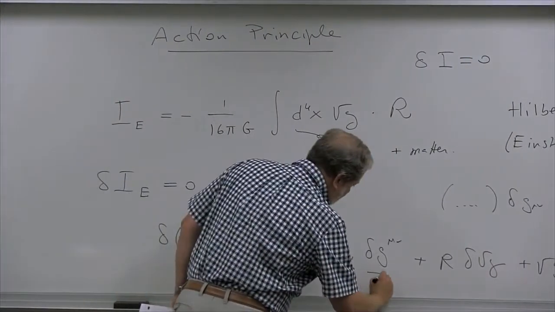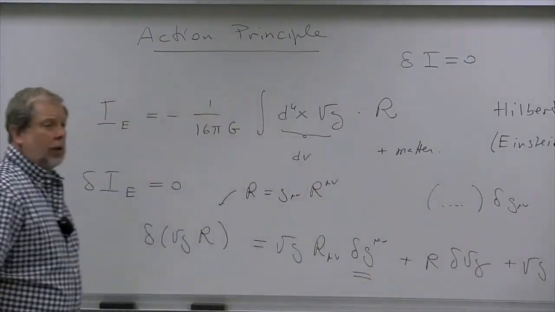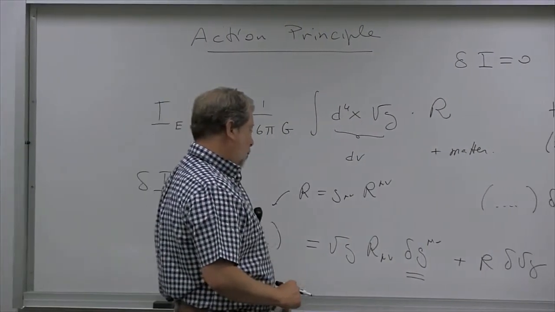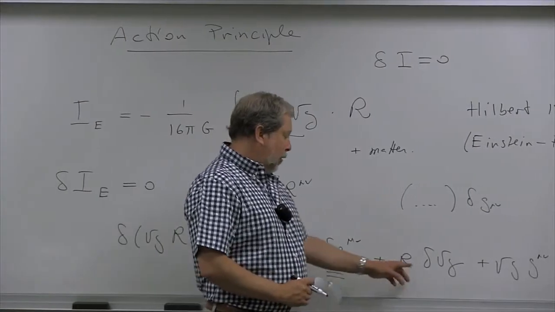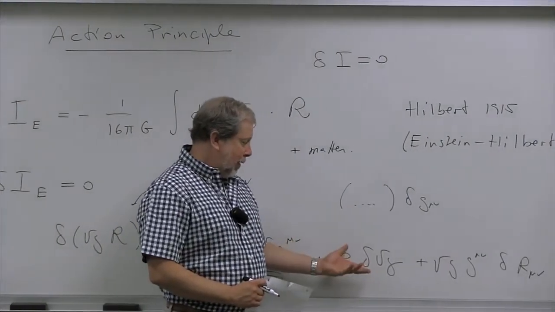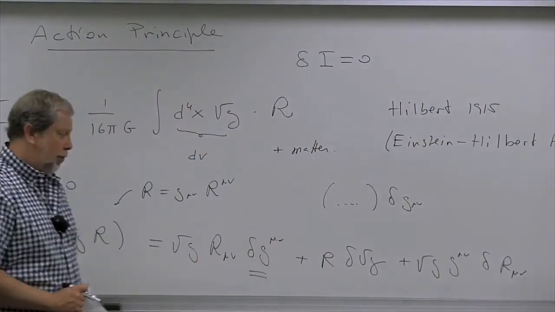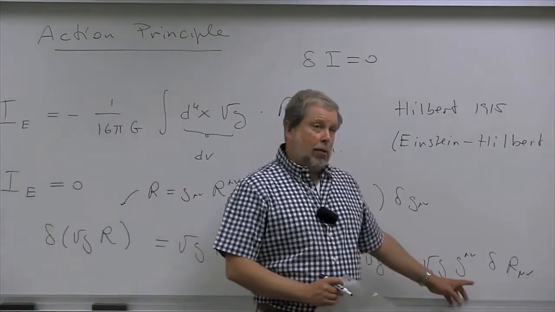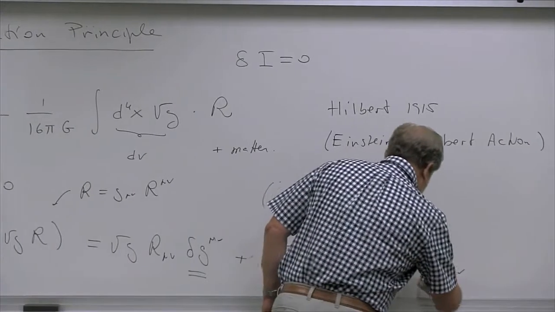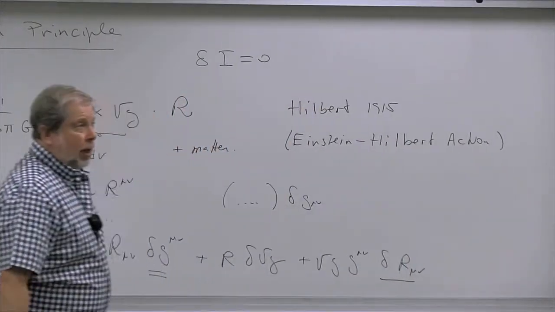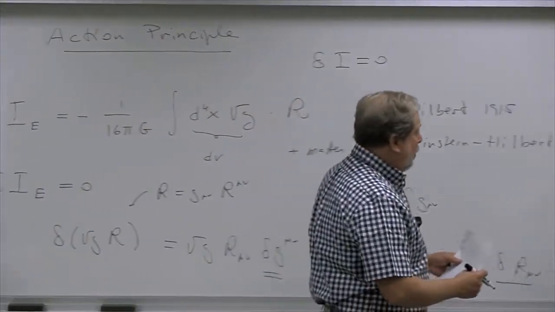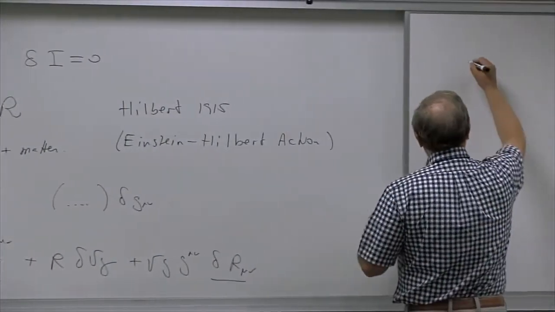And so this term has already the dg^{mu nu} explicitly, and so we don't need to do any work on that. This one, the variation of the volume element, has to be written in terms of variation of the g^{mu nu}, which is fairly easy to do. And the real messy term is the third one, right? The variation of R_{mu nu}. Because we have to look up what the definition is of the Ricci tensor and see what we get.